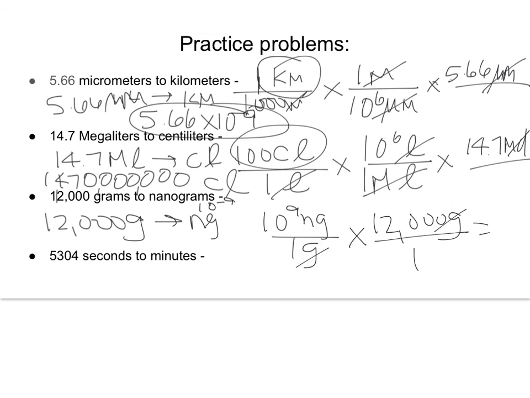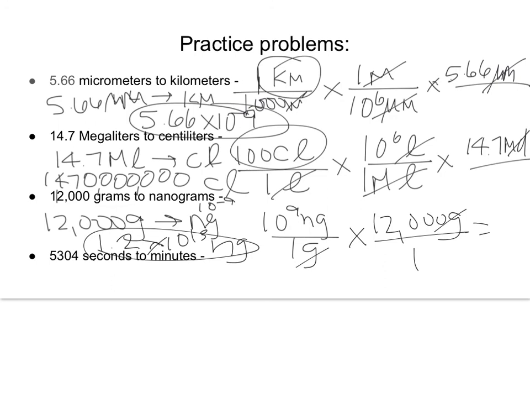And this one just gave it to me in scientific notation because my calculator didn't want to work that hard. 1.2 times 10 to the 13th, which is a number I don't know the name for. Nanograms, okay? So a lot of nanograms in 12,000 grams.